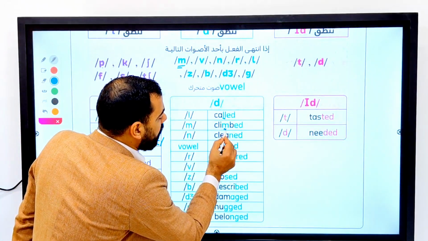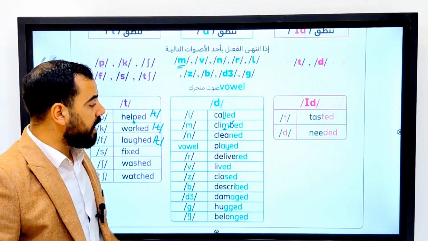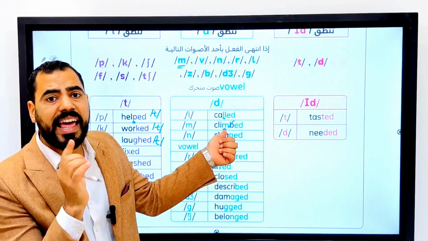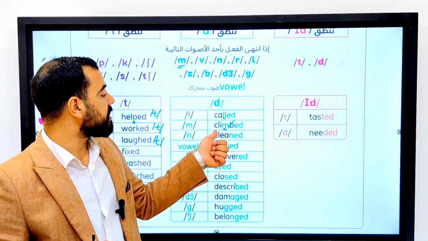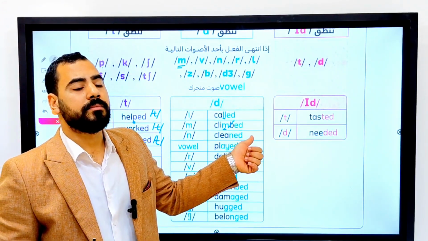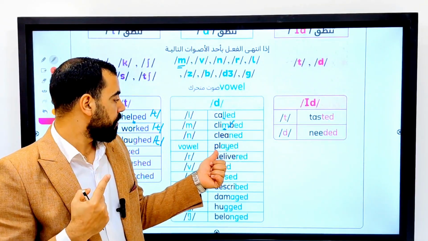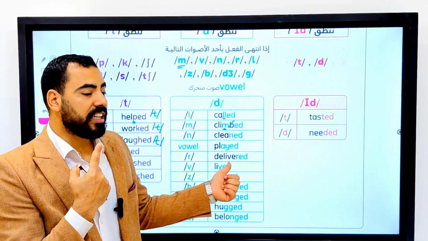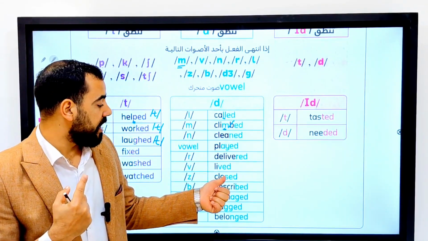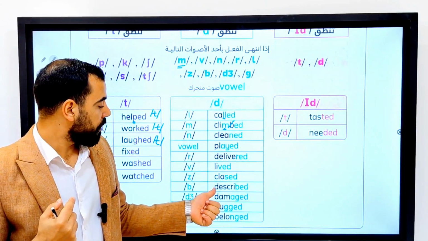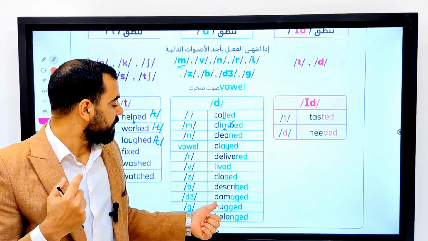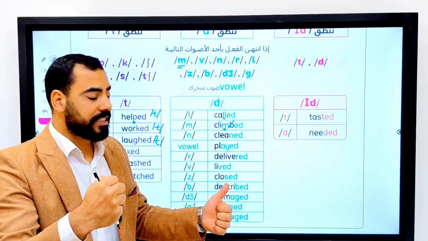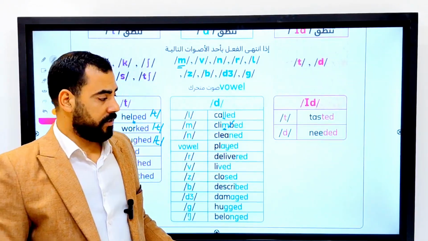We are talking about the sound, not the letter. The last sound is m, so it's climbed, cleaned, played, delivered, lived, closed, described, damaged, hugged, belonged.